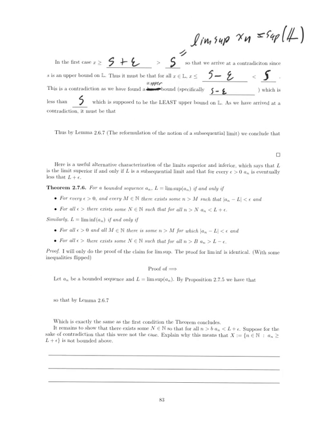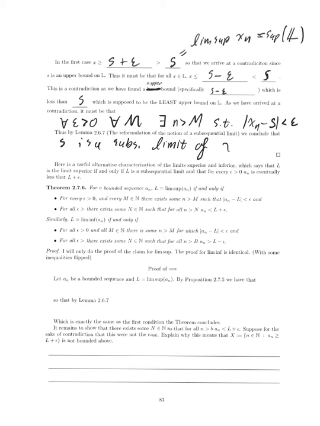So it must be that for every epsilon bigger than 0, and for every choice of big M, there exists a little n bigger than big M, such that the absolute value of x sub n minus s is less than epsilon. By lemma 2.6.7, which apparently was even called the reformulation of the notion of a subsequential limit, I get to conclude that s is a subsequential limit of x n. Cool.